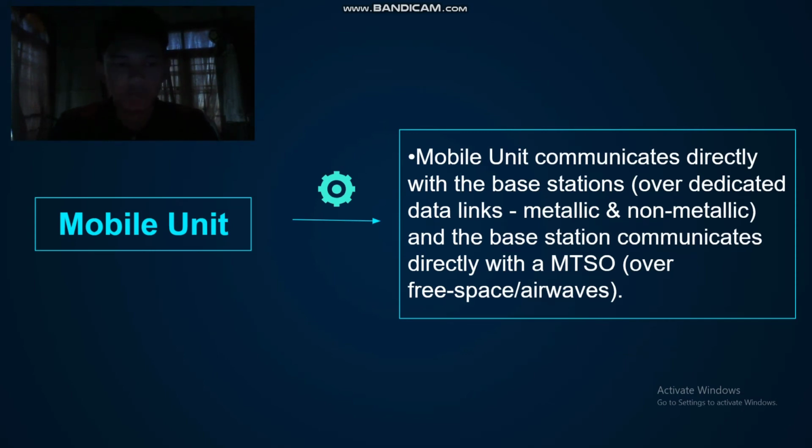Next, what is a mobile unit? The mobile unit communicates directly with the base station over a dedicated data link, metallic and non-metallic. The base station communicates directly with the MTSO over free space or airwaves.